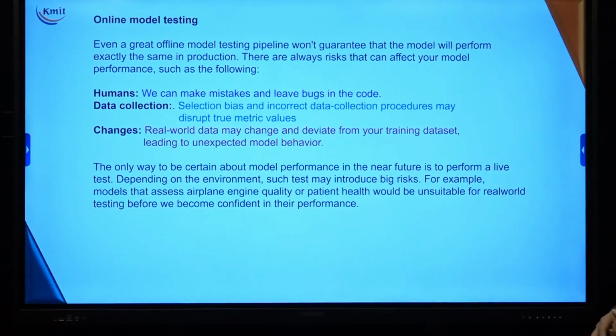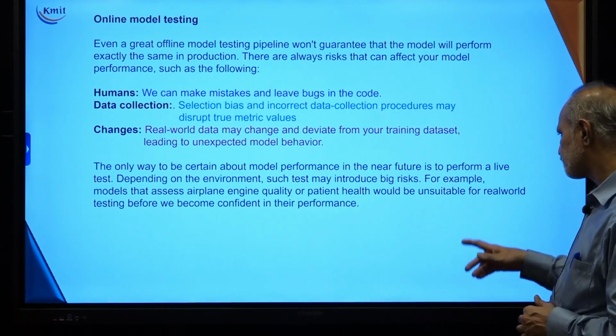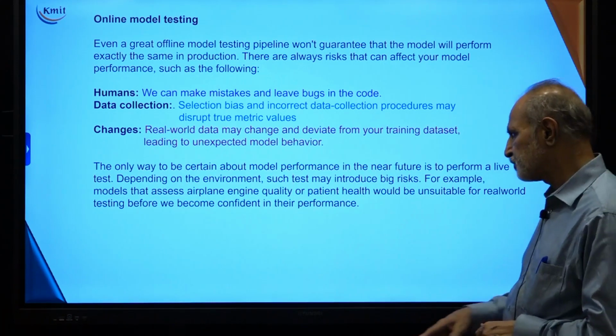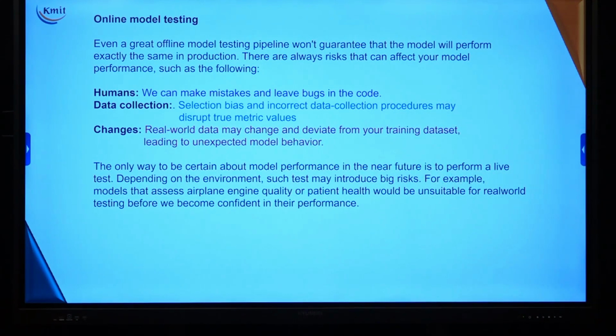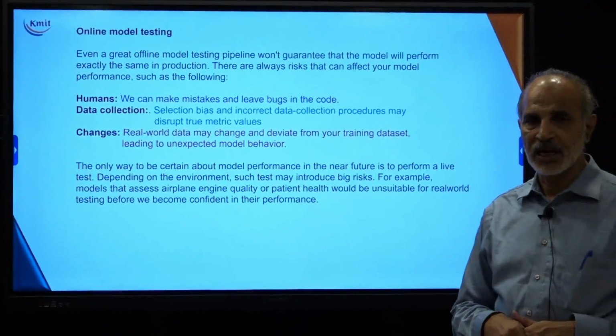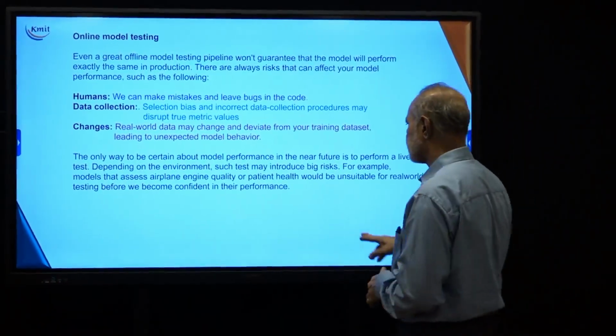For example, a model that assesses airplane engine quality or a patient's health will be unsuitable for real world testing before we become confident of its performance. Now, look at the two test scenarios. For a model testing on an airplane engine, definitely I can't take a high risk. Similarly, with a patient's health, I cannot take a high risk.